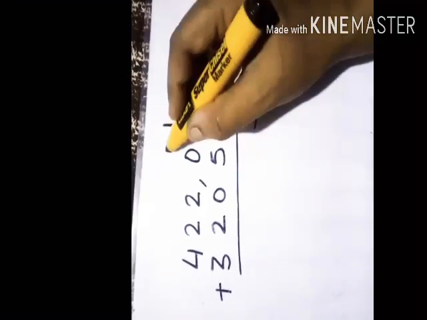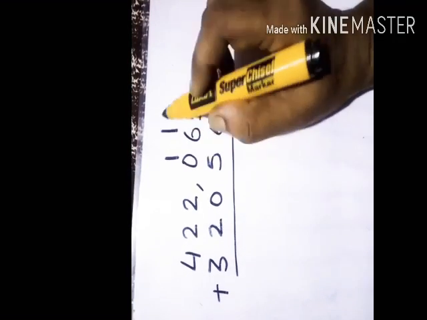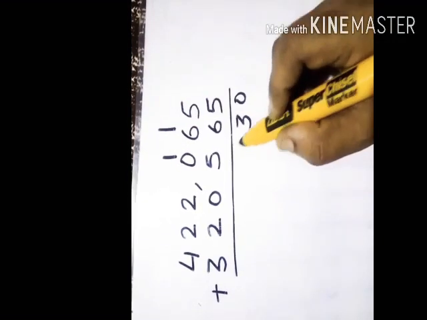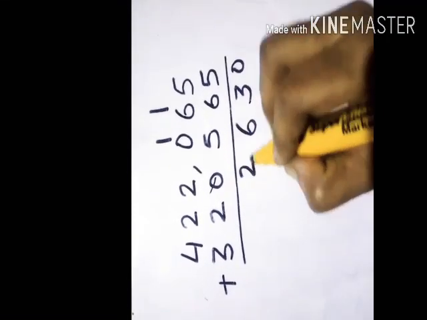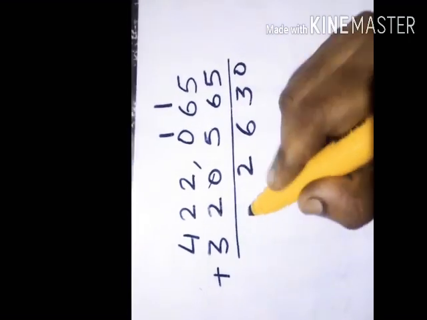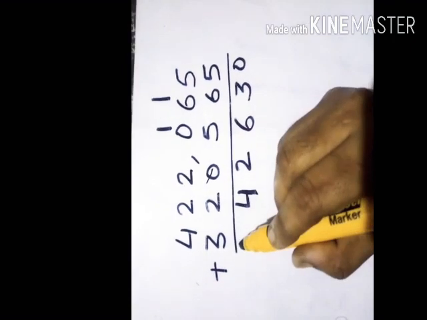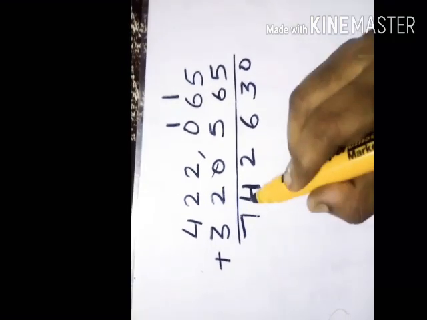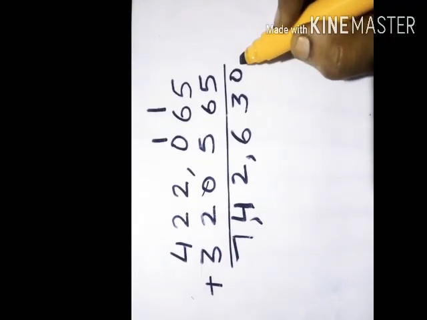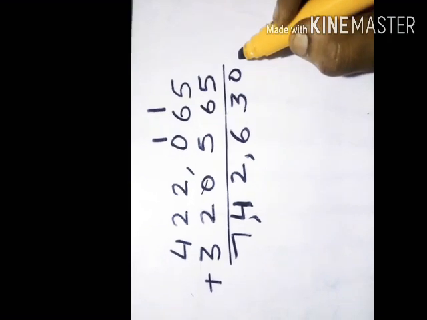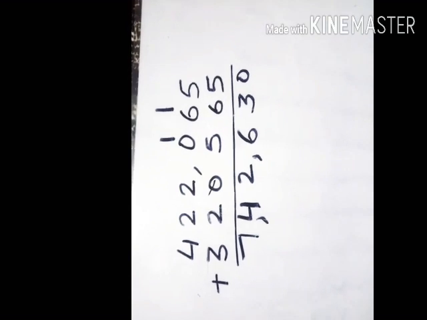Write 3, carry 1. 0 plus 0 is 0, plus 1 is 1... 2 plus 0 is 2. 2 plus 2 is 4. 4 plus 3 is 7. So you got 7,42,630, which was our question. Is it correct now? Correct. You confirm that your answer is correct.